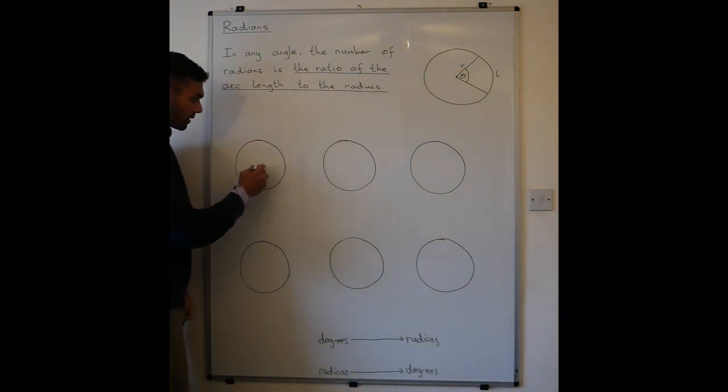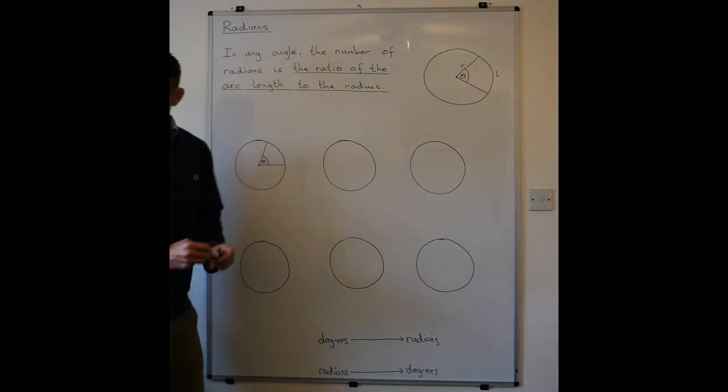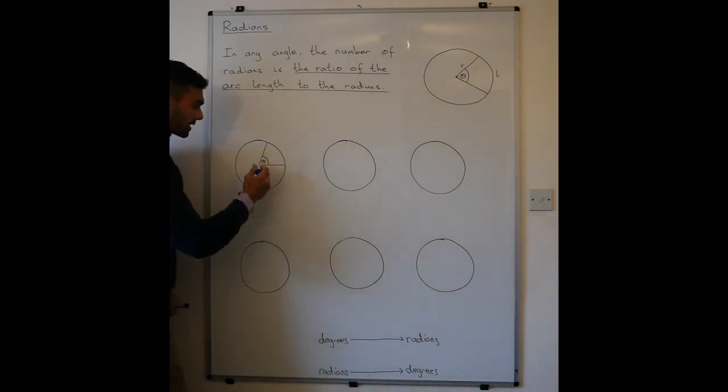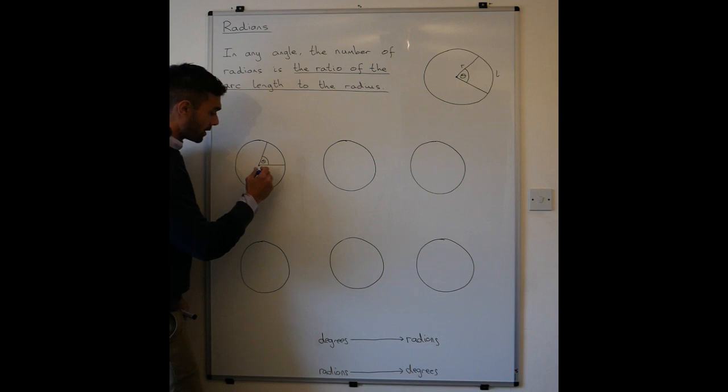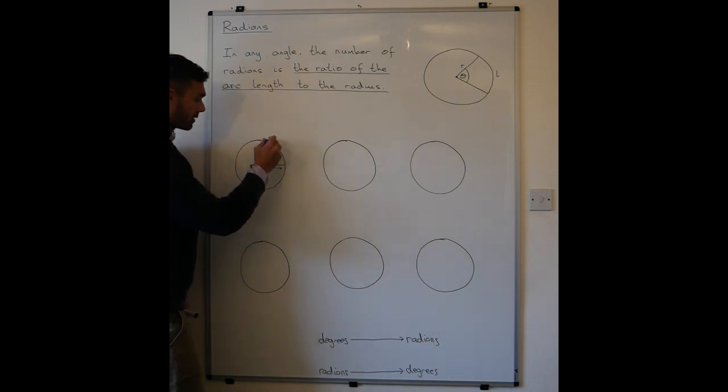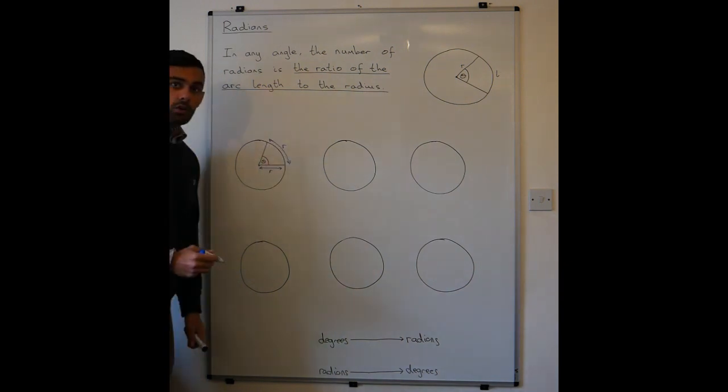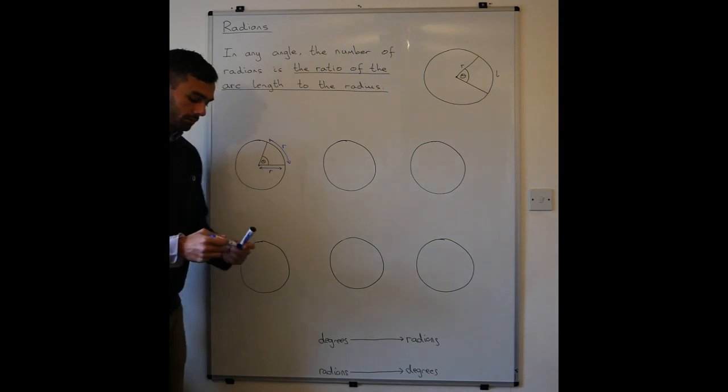Here's my first one. I'm just going to draw a sector on here. I've marked a small angle. We're going to say that the circle has radius r, and I'm going to give the circle an arc length of r as well.